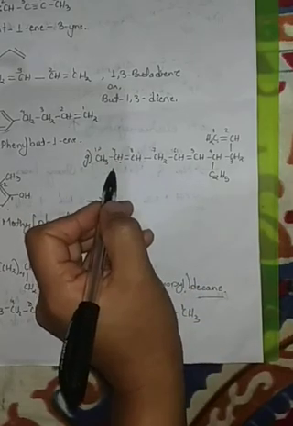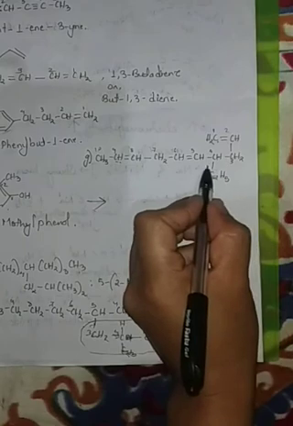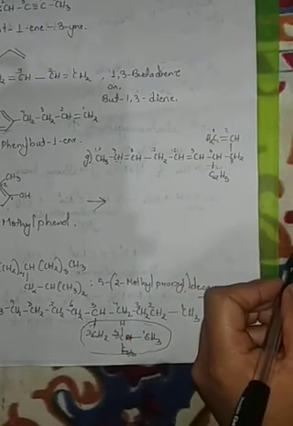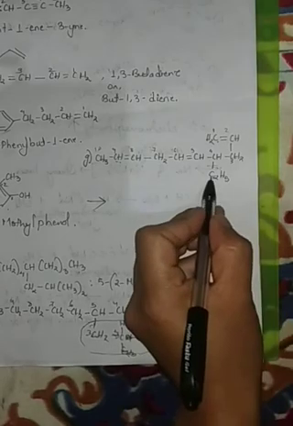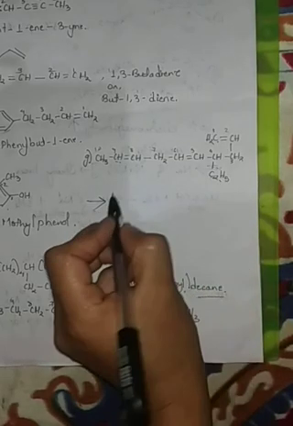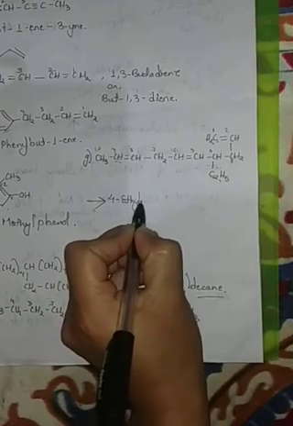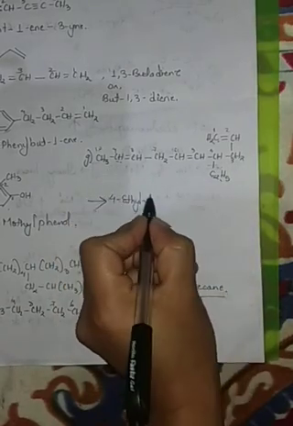Here also we have 10 carbon atoms, and a substituent group is attached to the fourth carbon atom. This is a 2 carbon group, known as ethyl group, therefore this would be 4 ethyl, and 10 carbon atoms is known as decane.